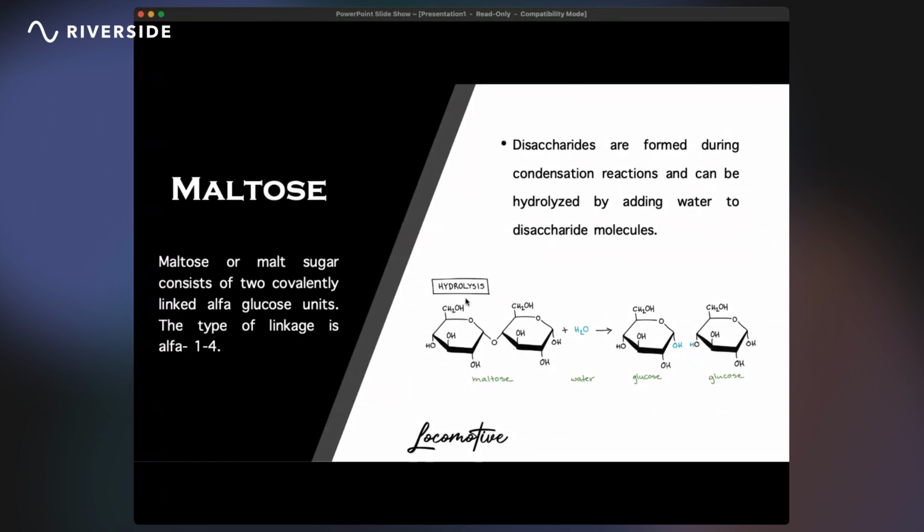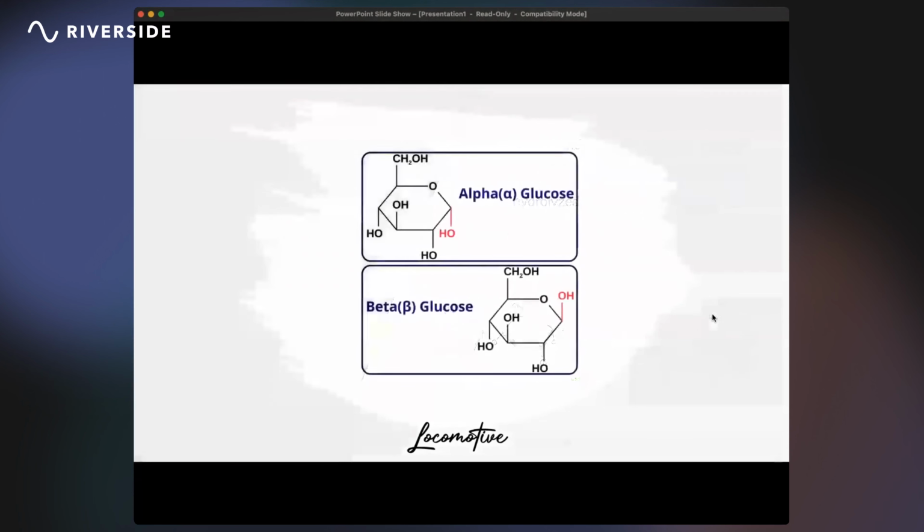Disaccharides are formed during condensation reactions and can be hydrolyzed by adding water to disaccharide molecules. Maltose is composed of 2 alpha glucose. Glucose has 2 isomers, and it depends on the orientation of the hydroxyl group. Look here.